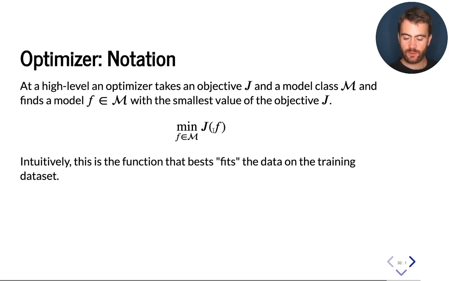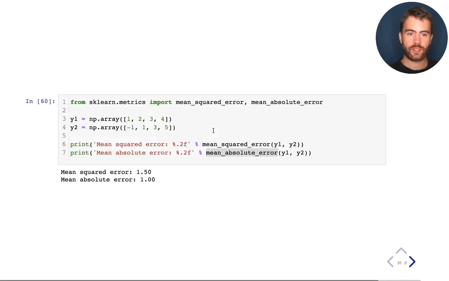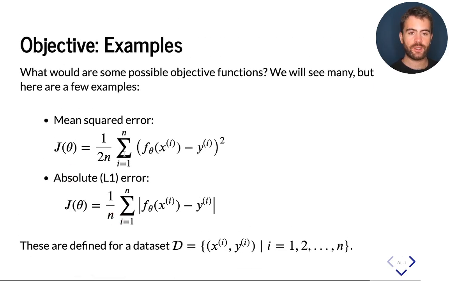And by the way, the objective J is called the loss function because here in this particular example, you can see that we want to minimize this, and it's a measure of inaccuracy that we want to minimize, and this is why the word loss is often used for the objective.